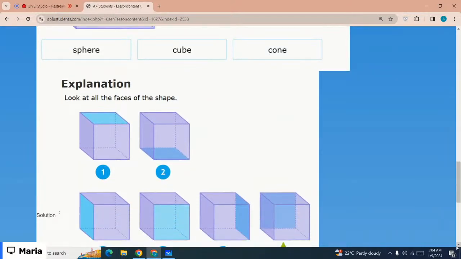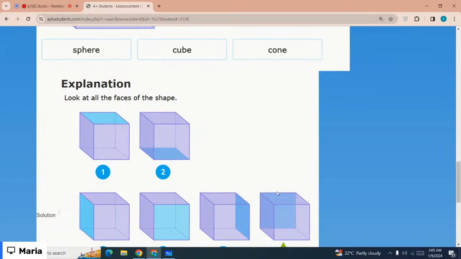If you see the faces, the pairs of faces, like up and down, two faces, then right and left, two faces, then this one and the opposite side. So the total faces a cube has is six faces.